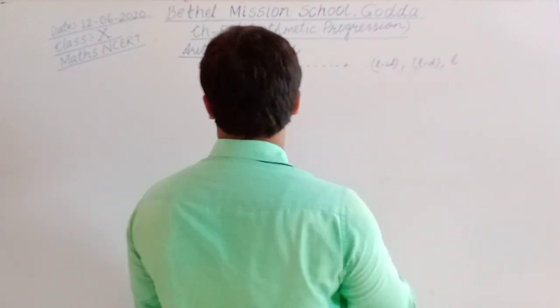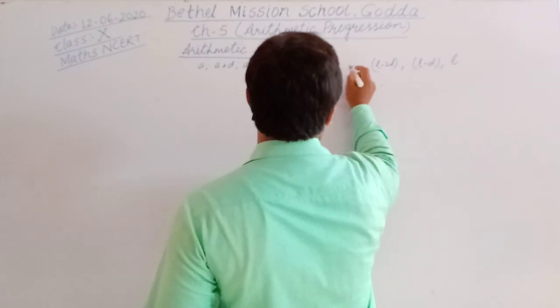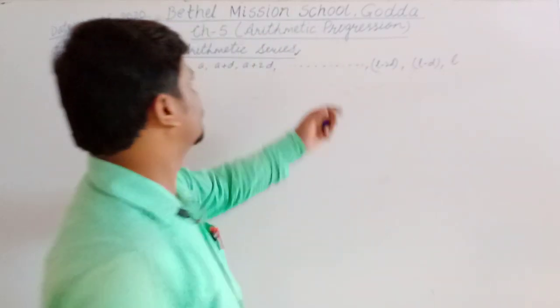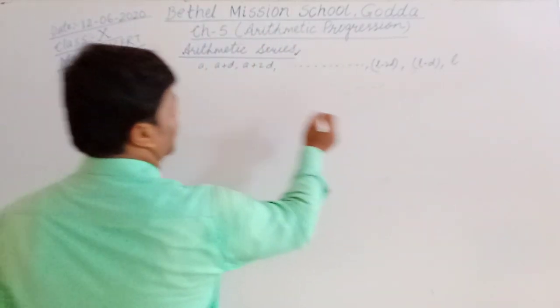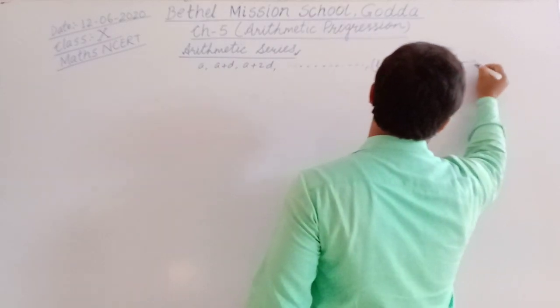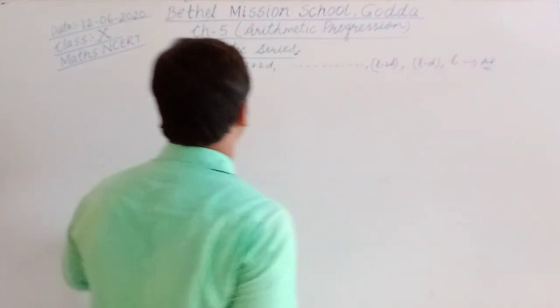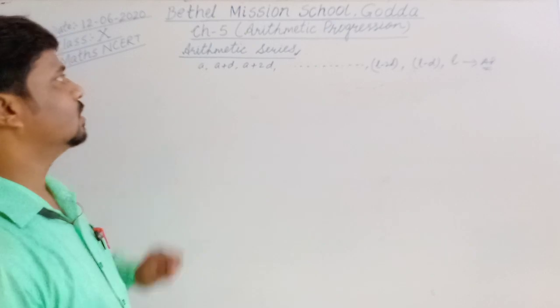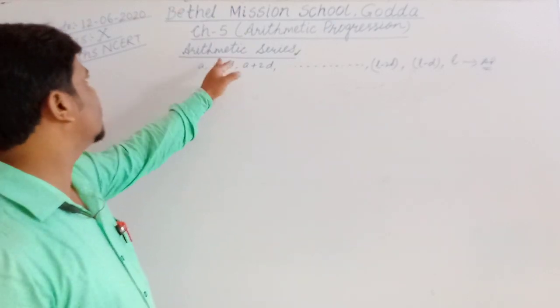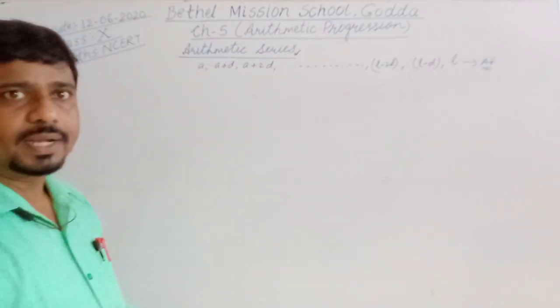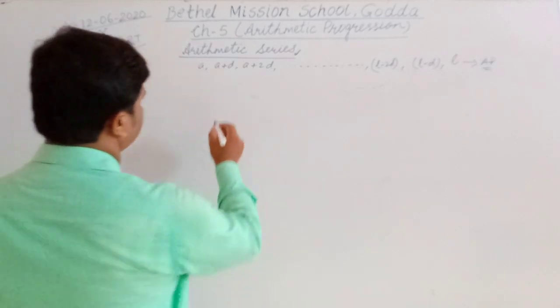You can see these are the terms of the AP. When we add these terms, that addition is called arithmetic series.